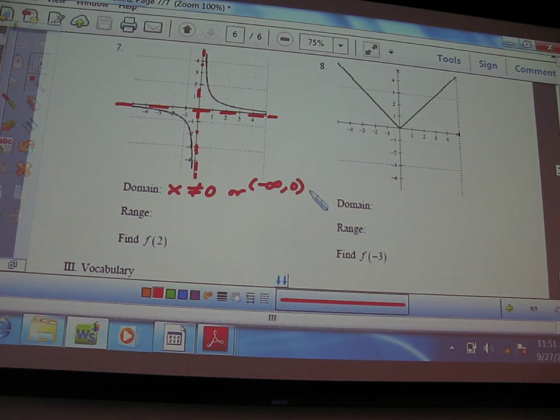Domain would be this, and it goes from 0, does not touch 0, and goes out to positive infinity. So its domain is that part and that part together.